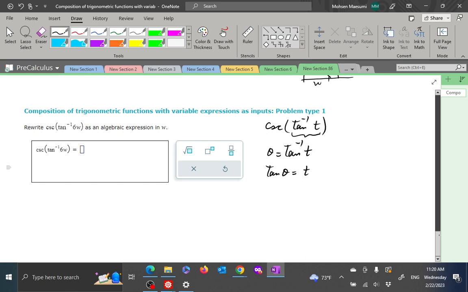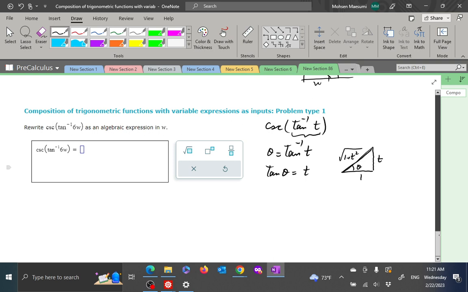What picture matches this? The simplest picture we can come up with is: here's the angle, here's the adjacent, here's the opposite. This has to be t so that the ratio becomes the tangent of this angle. Now our hypotenuse is going to be the square root of the sum of squares of these two. So this is no longer the unit circle, it's just some triangle.